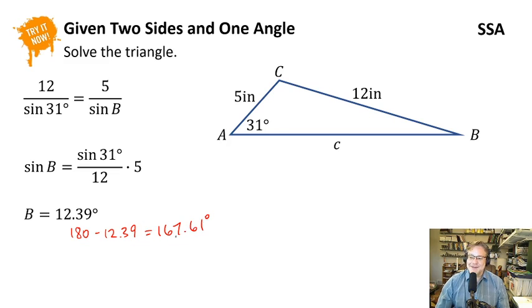Okay, so that's a possibility. But the problem is that if angle B is that large, 167 degrees plus 31, again, we are over the 180 degree total that must exist for every triangle here. So we only have one possible solution here for B, which is how we know that we have only one possible solution for this triangle here.